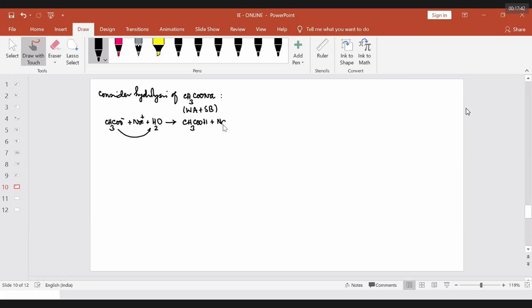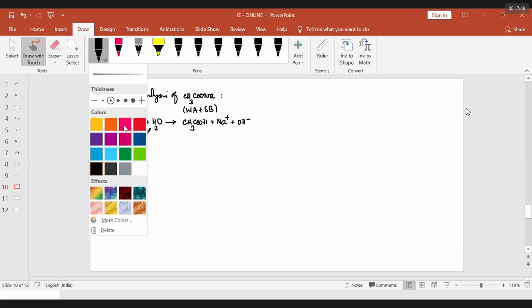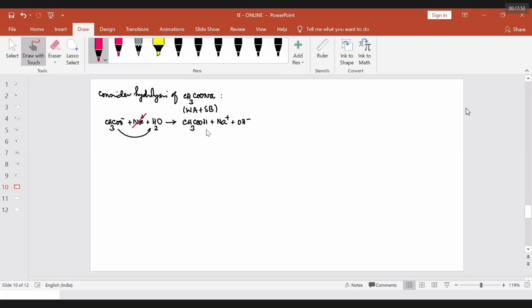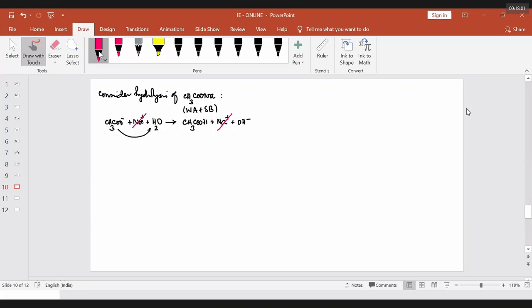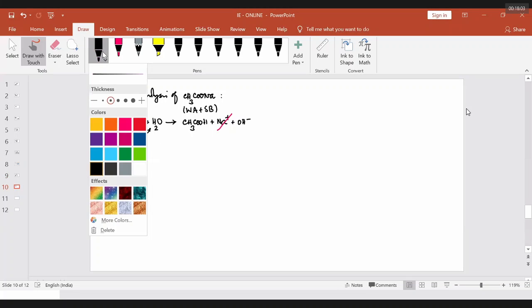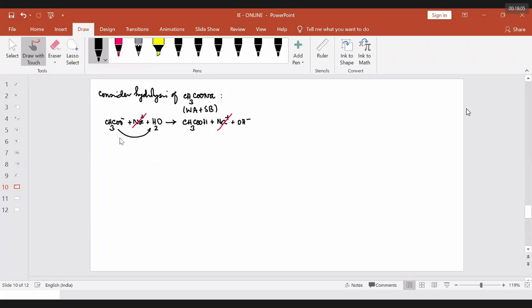Now, what is left out? Na plus and OH minus. Na plus is available on the left-hand side too. Remember that in hydrolysis, those ions coming from strong electrolytes will never participate. The word hydrolysis is meaningful only when we discuss components coming from a weak electrolyte.